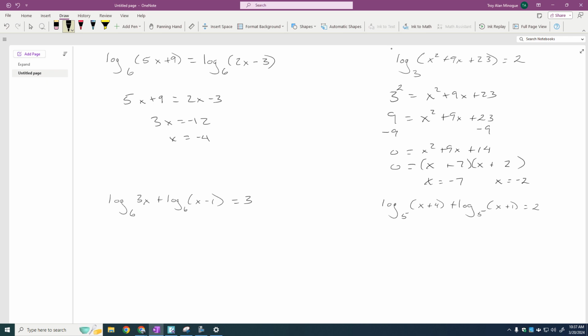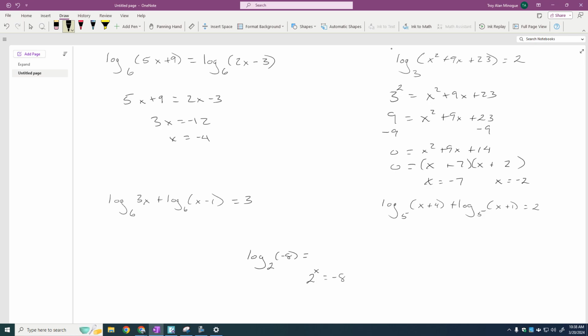What do I mean, not possible? Remember back when we did what this thing called a logarithm is? What is the log of negative 8 base 2? 2 raised to what power equals a negative number?